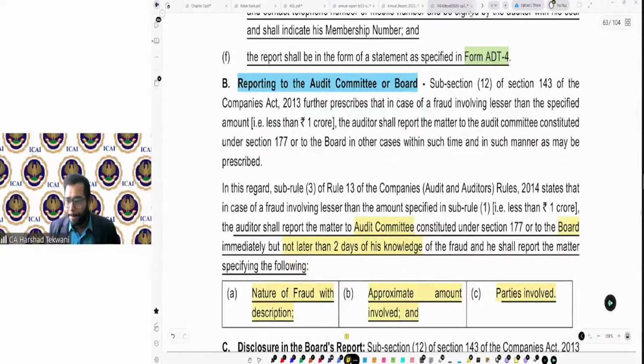So I'll show you one thing. Disclosure in the board report for this particular part, if there will be any.